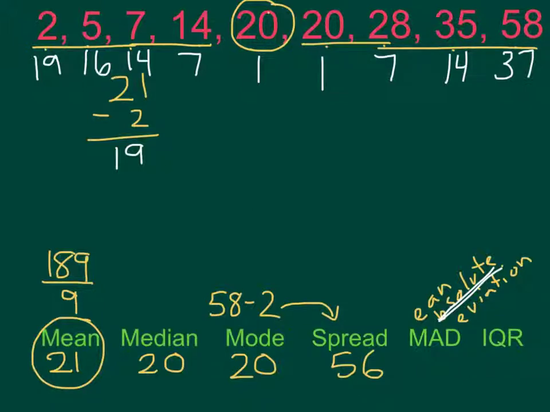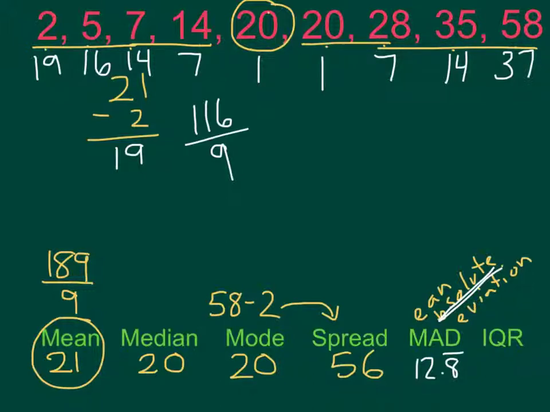Now, that's the total of the deviations. Once again, we want the mean deviation, so I divide that by the number of numbers. I had 9 numbers, so I'm going to take that 116 and divide it by 9. Our answer is 12.8888, or 12.8 repeating, and that is our MAD. On average, we are 12.8 away from the mean.